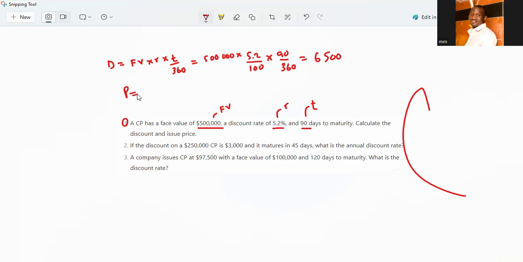The issue price is the difference between the face value minus the discount value. Sometimes you can even use DV. So 500,000 minus 6,500, and you get your answer.